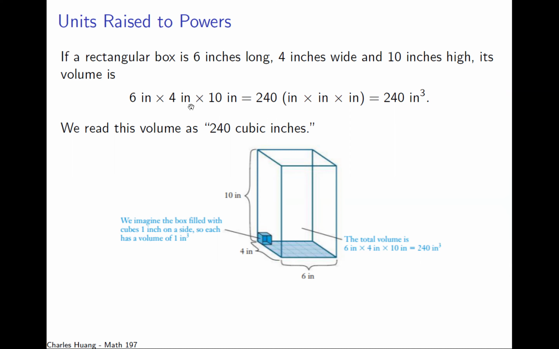Inches times inches times inches, 3 times, means that we have inches to the power of 3. To the power of 3, we usually read it as cubic. So if you see us write cubic inches as the unit, that means it's inches times inches times inches, inches cubed. That's what it means.